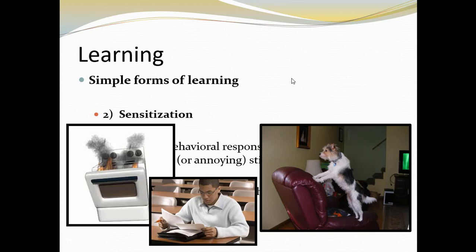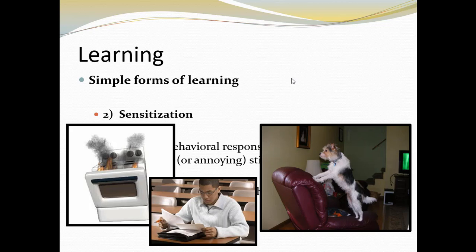So I actually become sensitized, and it gets harder and harder to ignore with repeated exposure. So in the end, we have two forms of simple learning: habituation and sensitization. In habituation, if something is not particularly threatening or helpful and you're repeatedly exposed to it, you can learn to ignore it, so your behavioral response decreases.